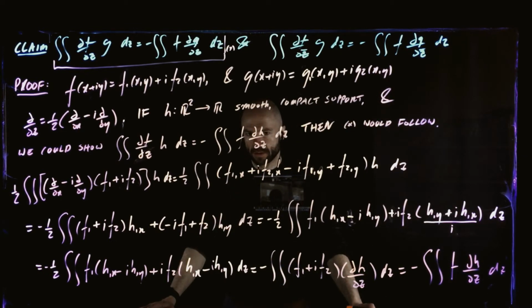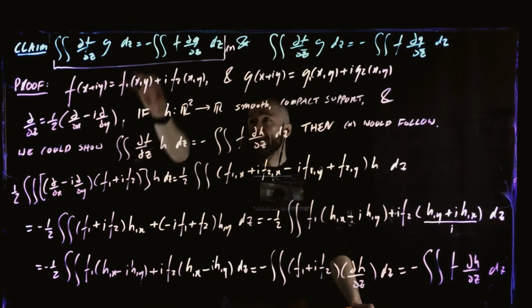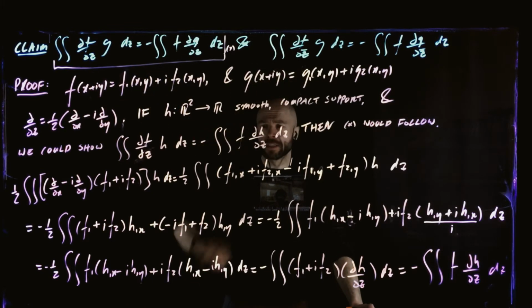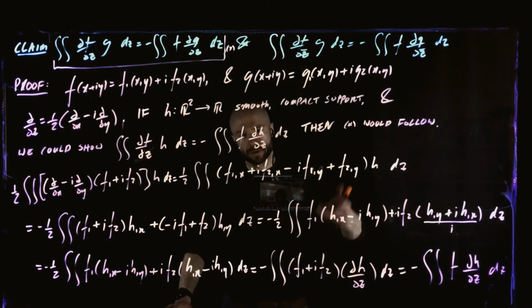Yeah? Cool. So we have indeed this identity, and this identity follows in exactly the same way. Just take some h, integrate by parts, collect up the f1 and the f2, and what will fall out is exactly the Wirtinger derivative of, in that case, the anti-conformal part of the derivative with respect to h.